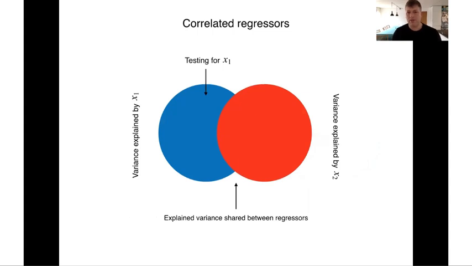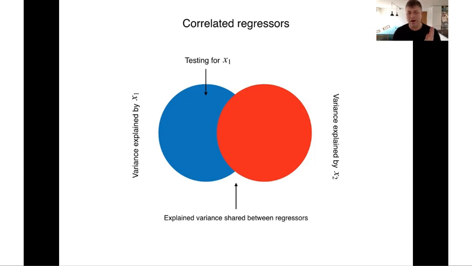So when testing for x1 using a contrast with a 1 over x1 and zeros elsewhere, we would in fact only explain the part of the variance, the part of the variability that is not explained by X2. So that would be not the full sort of space of variance explained by X1.